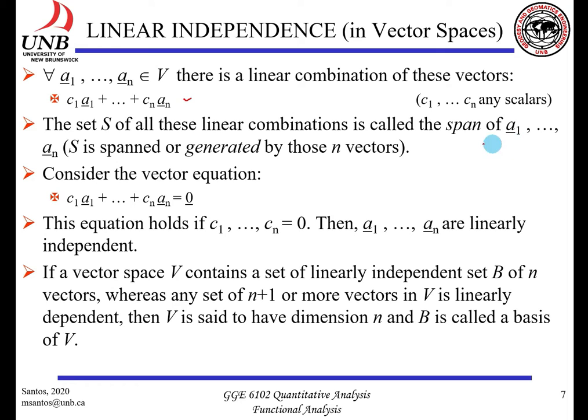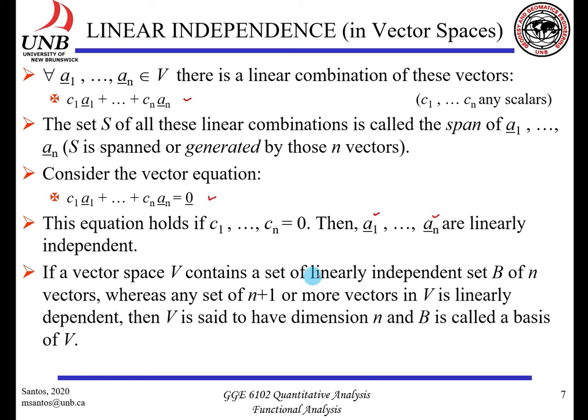So S is spanned or generated by those n vectors. If this equation holds only when the coefficients are equal to 0, then the vectors a1 to an are linearly independent. If they are linearly independent, they form a basis of that particular vector space.